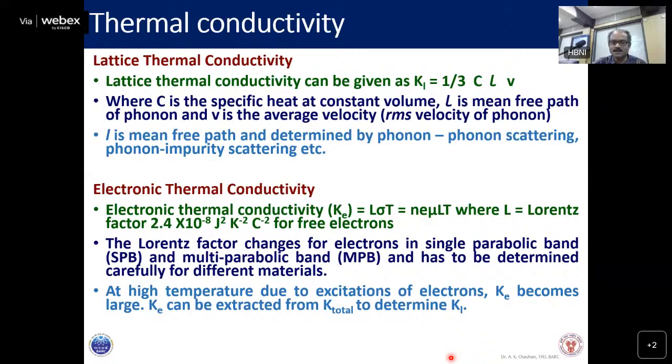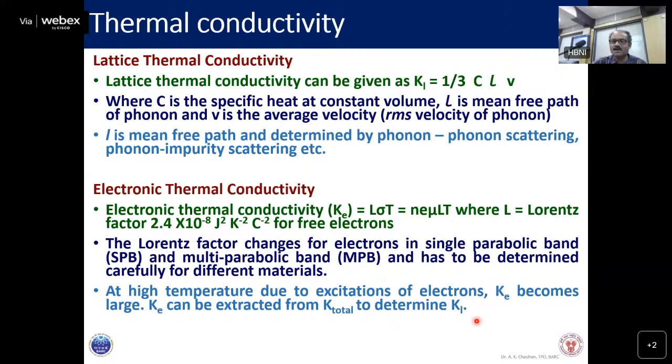At high temperatures, due to excitation of electrons, the electronic thermal conductivity Ke becomes large, and Ke can be extracted from the K total to determine the KL. So how do you calculate it? You can calculate K total, the total thermal conductivity, and you can calculate the electronic thermal conductivity.